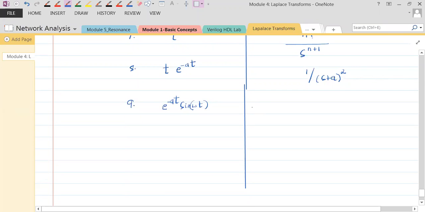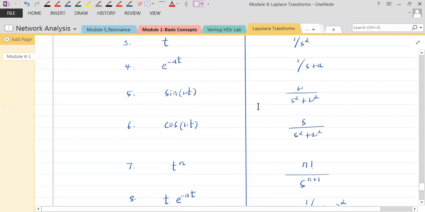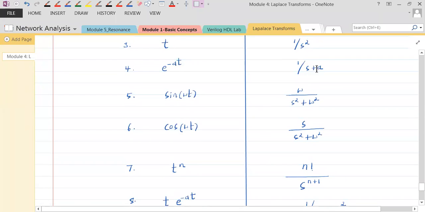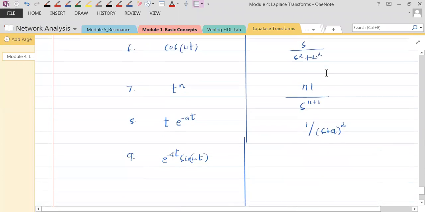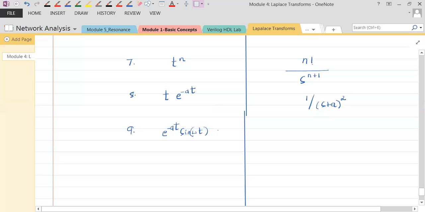If e power minus at is there, it is 1 by s plus a. That means wherever s is there, that needs to be replaced by s plus a. Understand that? So that is the idea. In the numerator we have omega. In the denominator, wherever s is there, you have s plus a. So instead of s square, you'll be writing s plus a whole square plus omega square. This is how e power minus at sine omega t looks like.